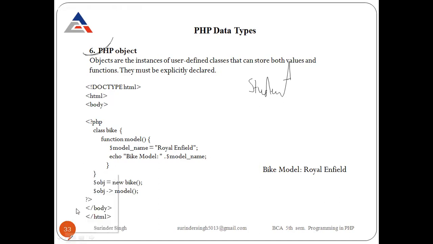Those properties are like student name. All of you have a student name. The value can be different, but it is a property of you.